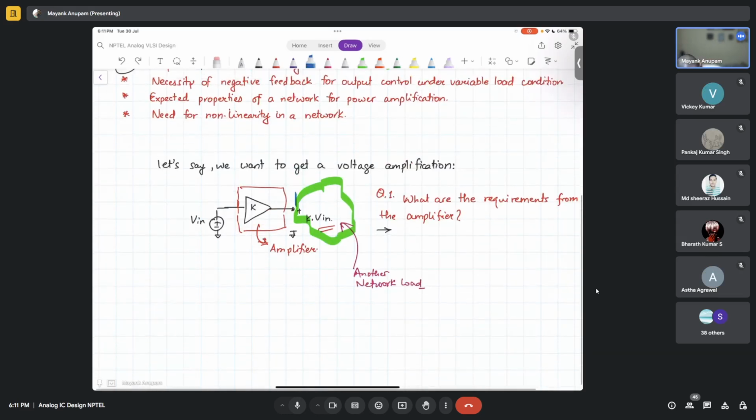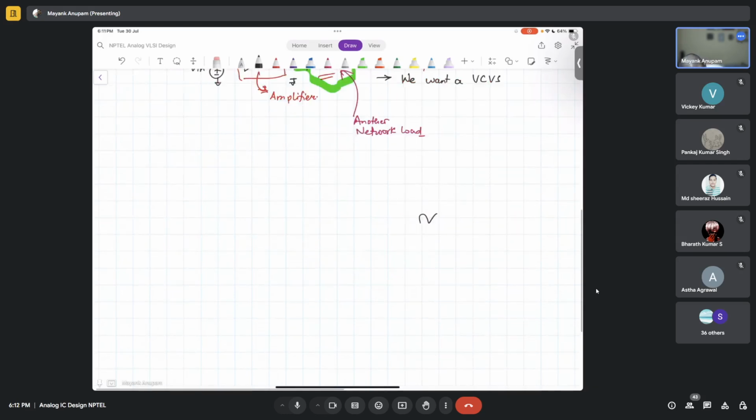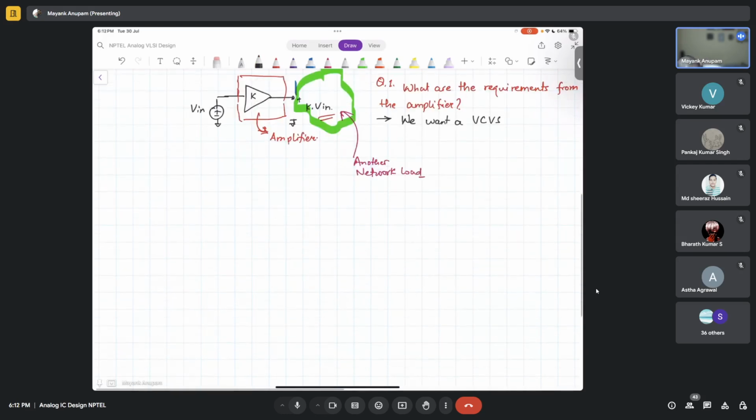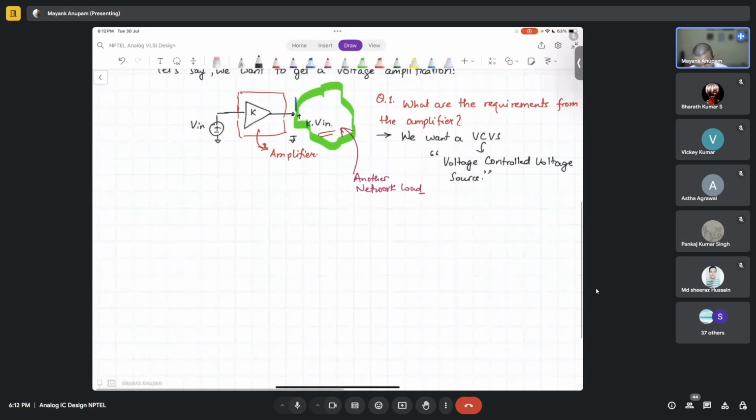So the first thing that you should definitely answer here is that we want a VCVS, which is short for voltage controlled voltage source.